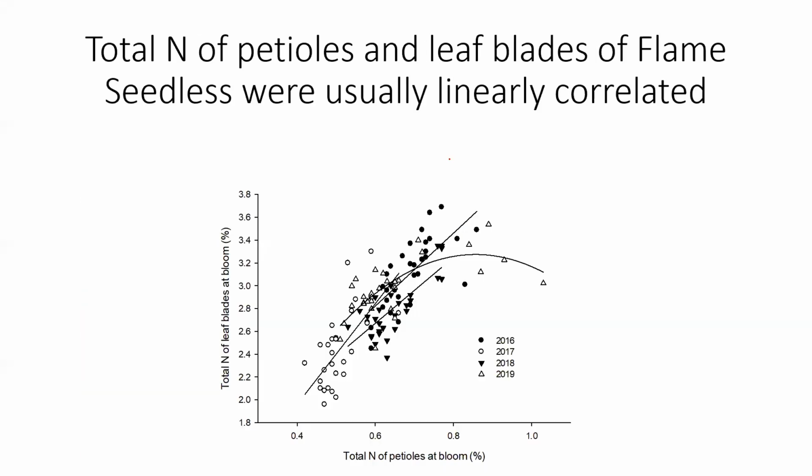Well, one of the reasons why we did this comparison of total N in petioles versus total N of leaf blades is because a lot of people collect data from petioles, and fewer people, I think, collect data from leaf blades.